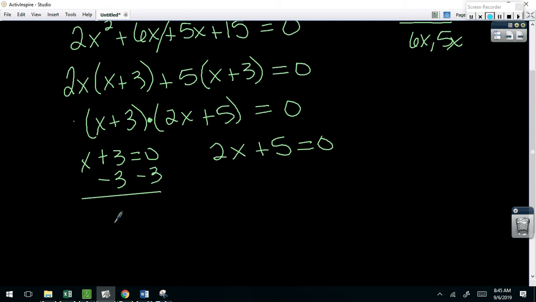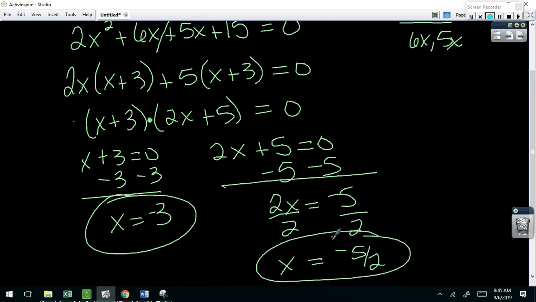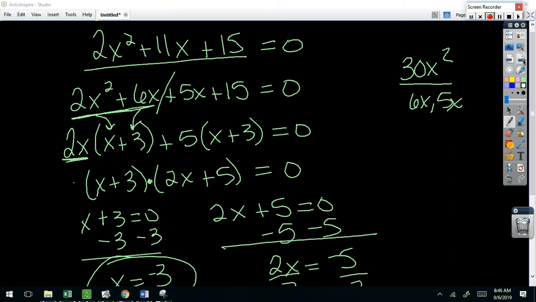X equals -3. And x equals -5/2. So I still get the 2 answers just like I got before. Easy. One more like this, and then I'll show you about zeros. How about this one?